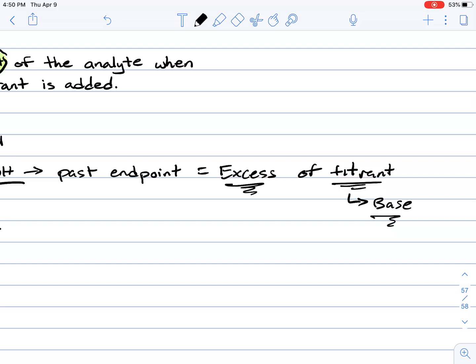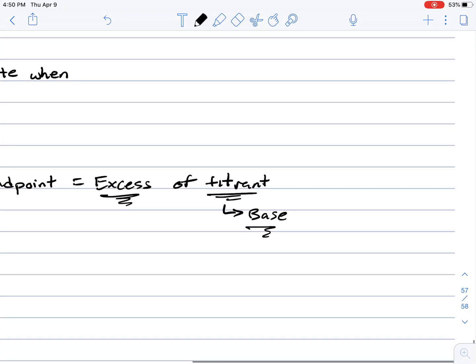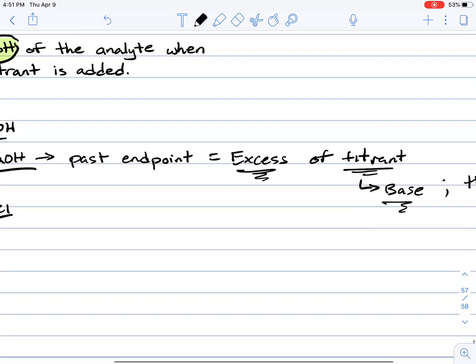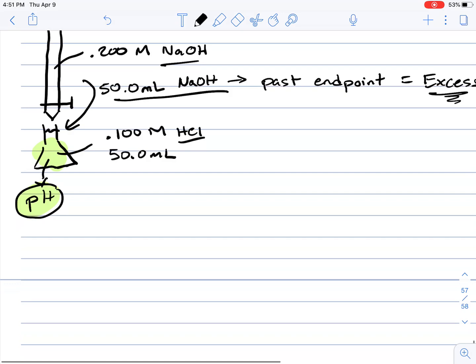And when we have an excess of a base, the pH should be high. Okay, so this is the last point in our titration curve that's going to be found closer to the top of the graph, where the y-axis represents the pH, the increase in pH. You guys will see this in just a second.